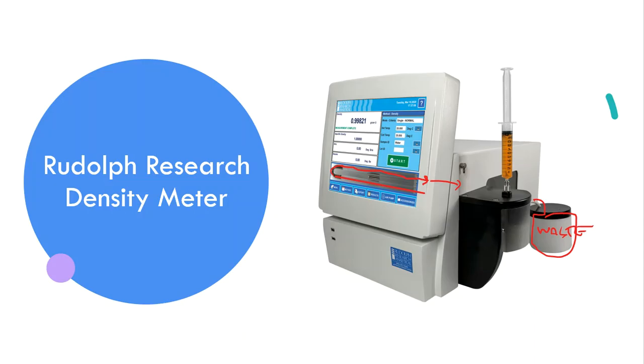So the sample goes in, typically through a syringe, and this syringe you're seeing goes up and down because this is a slightly different model than what we have in our laboratory. The one that we have in our lab has the syringe going in from the side. So it pokes out from the right-hand side, not straight up and down like this one does.